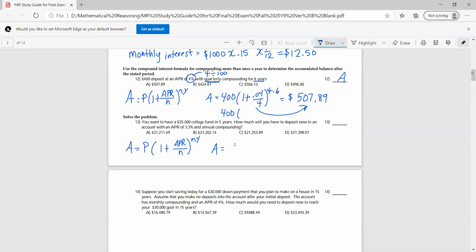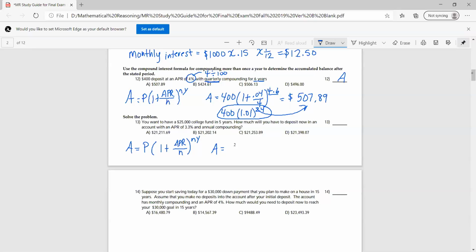Okay, that gives me 1.01, and then I can figure out what the 4 times 6 is, which is 24. Now the calculator will handle that. Everybody's calculator will handle that. If you're having a lot of trouble with the calculator problems, maybe just break it down into something smaller, figure out that middle part, and then type it in.